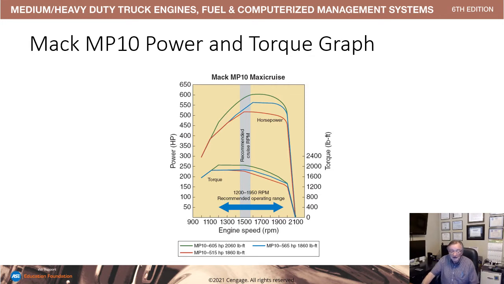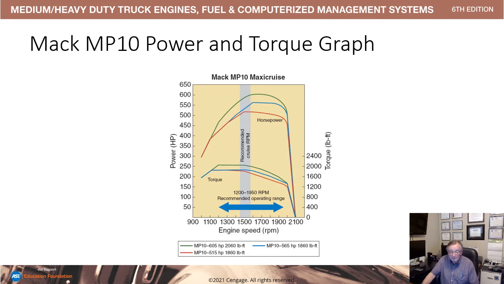What we're seeing here is that the torque rise occurs quickly, and it's occurring between 1100 and 1400 RPMs on all three engines. The red line, which is the 515 horsepower, is falling off first, followed next by the blue line, which is at the bottom of the torque graph.